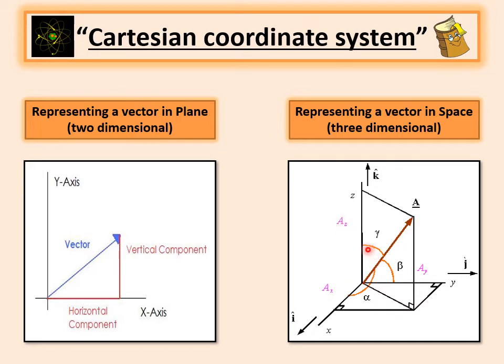Now all these three axes have their angles alpha, beta and gamma. Our vector A forms the angle alpha with the x-axis, beta with the y-axis, and gamma with the z-axis.